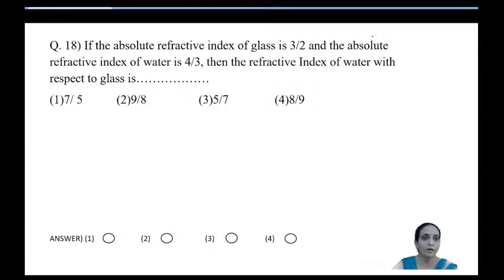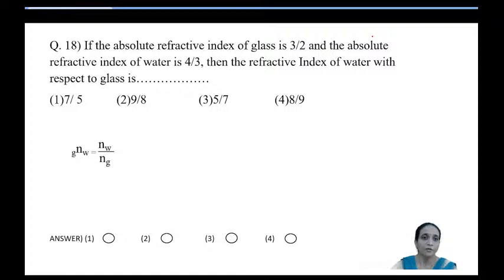Question number 18. If the absolute refractive index of glass is 3/2 and absolute refractive index of water is 4/3, then the refractive index of water with respect to glass is, first option is 7/5, second 9/8, third option 5/7, fourth option 8/9.